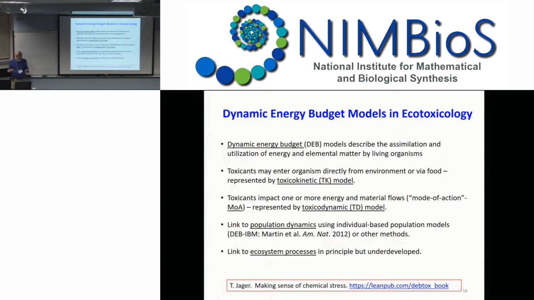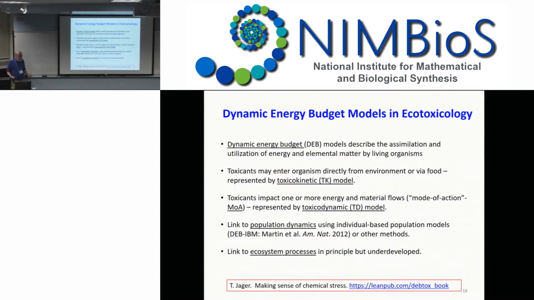How are dynamic energy budget models used in ecotoxicology? Well, I just said the content of the first bullet point, what they are. The key to making progress here is that you actually couple it with a toxicokinetic and a toxicodynamic model represented either explicitly or implicitly.